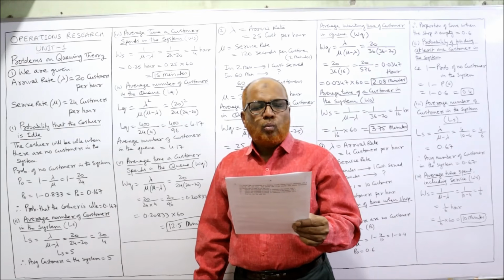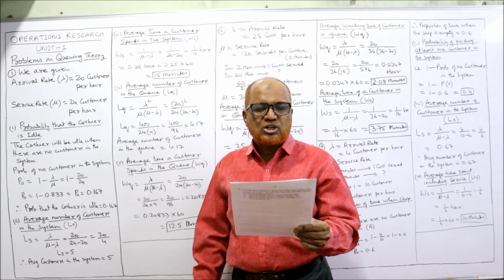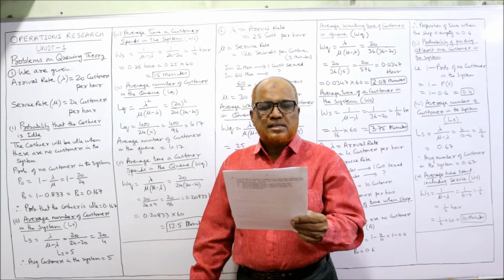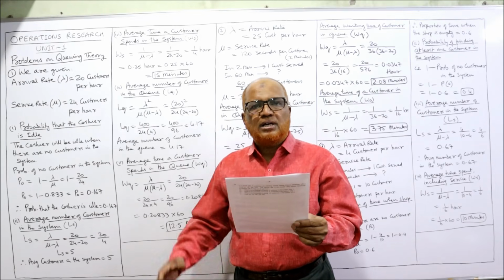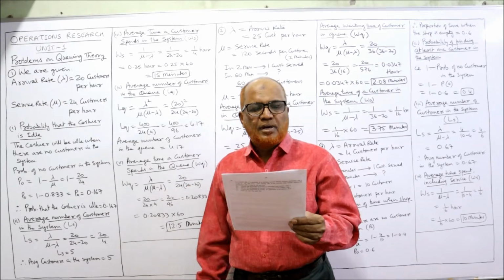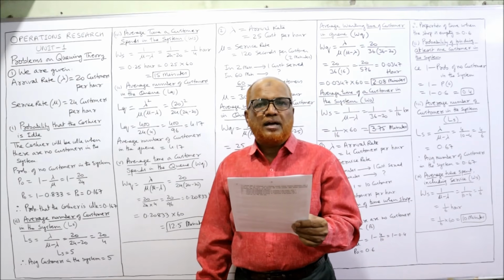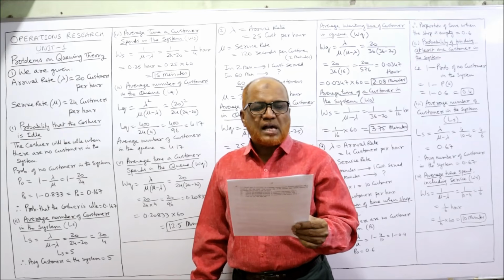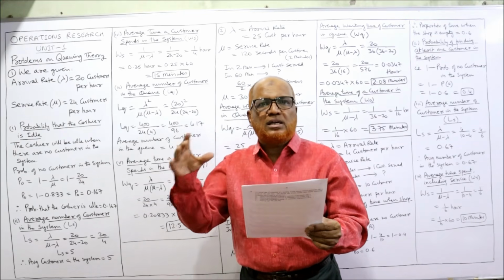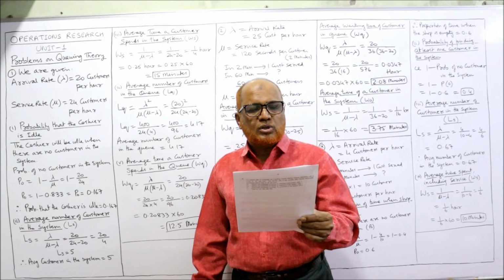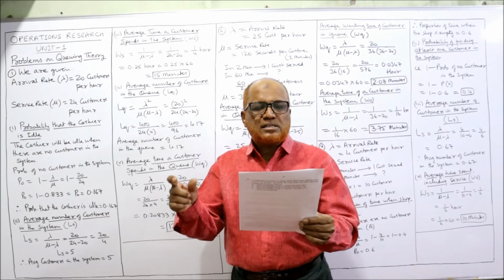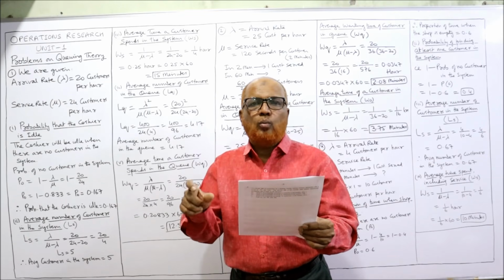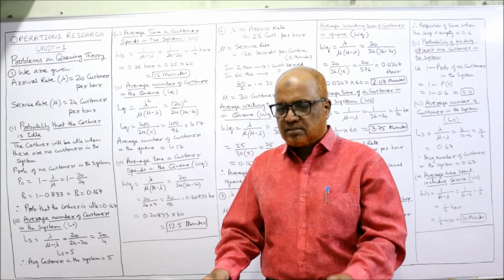First, what is the probability that the cashier is idle? Second, what is the average number of customers in the queuing system? Third, what is the average time a customer spends in the system? Fourth, what is the average number of customers in the queue? And last, fifth, what is the average time a customer spends in the queue waiting for service?